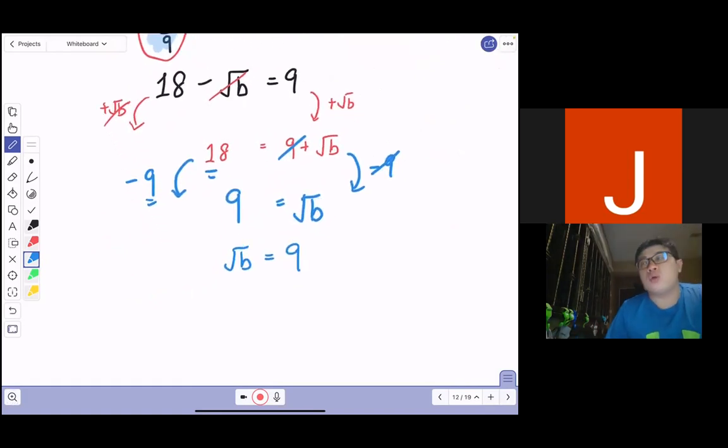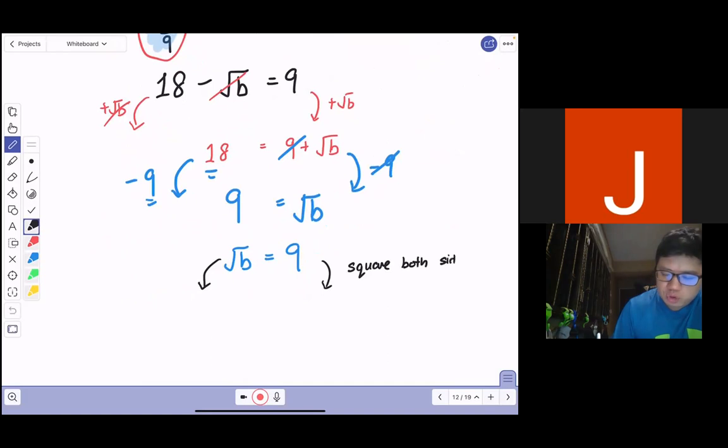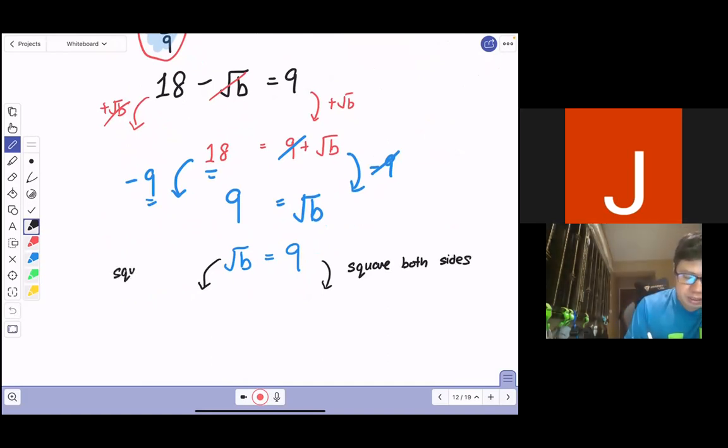Okay, now there's a square root. How do I reverse a square root? The trick is very simple. To reverse a square root, you basically do a square. So what I'm going to do is square both sides. This is how I can get to my b.